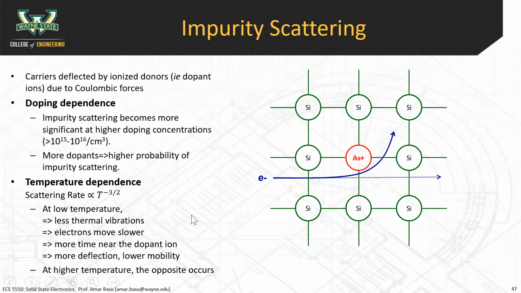The electrons move slower at lower temperatures, so this becomes a more significant scattering, with more deflection in the trajectory. At higher temperatures, the opposite occurs. So impurity scattering has both a doping and a temperature dependence.